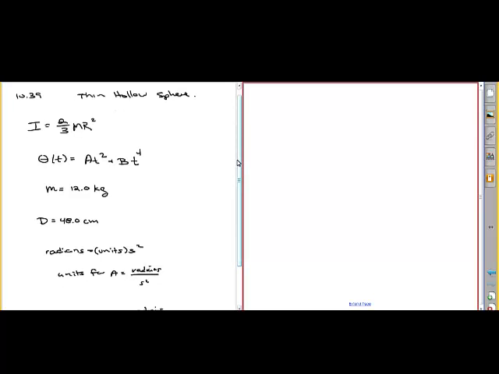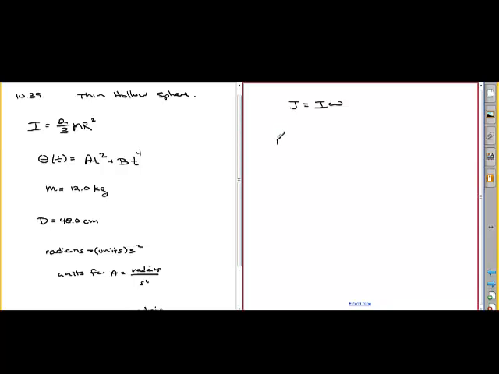Then, at the time 3 seconds, find the angular momentum of the sphere. So the angular momentum for an object, which I think we call J, is equal to the moment of inertia times omega.